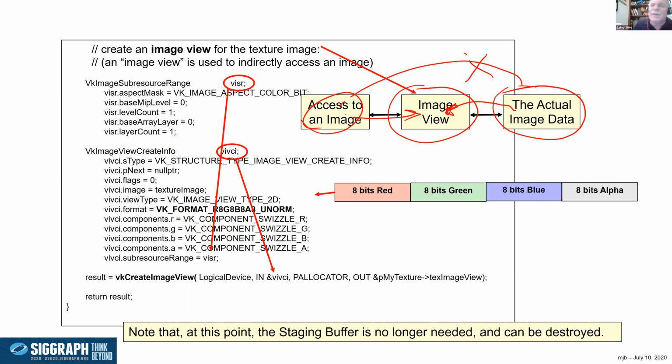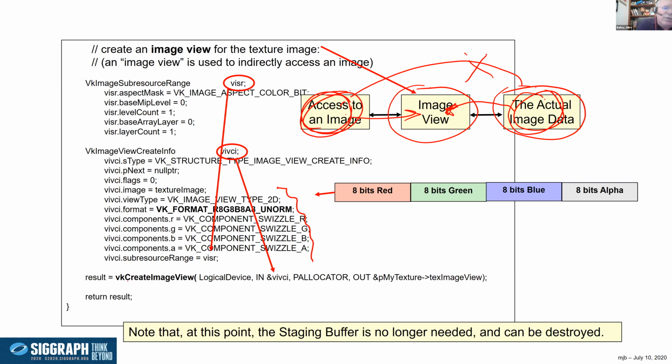And possibly the image view is going to reinterpret the data. That is, you here in your program, you shouldn't have to care about what this format is. You should just have to say, I want this. And the image view logic goes and gets it and possibly converts it. So here's what's going on. And here's where you tell the image view something about the data that it has access to.